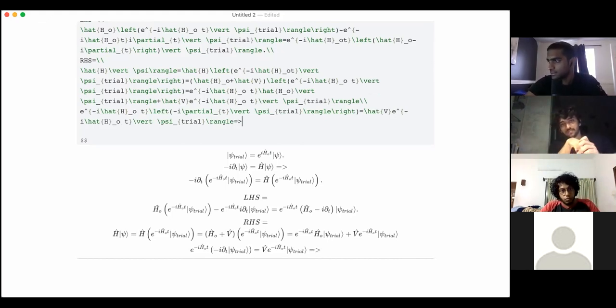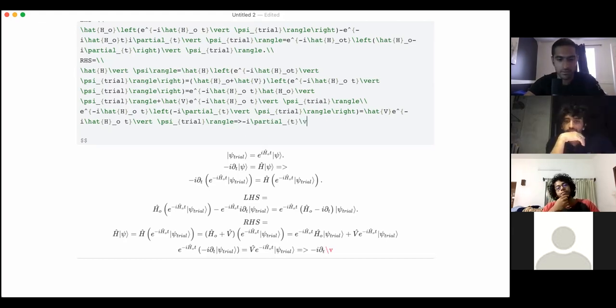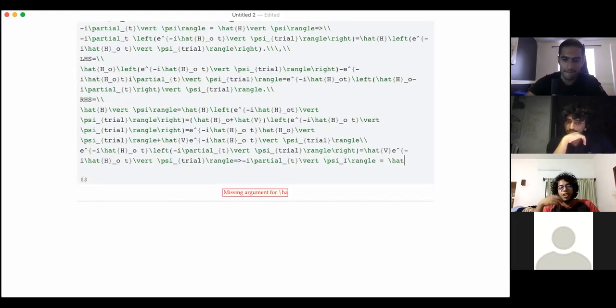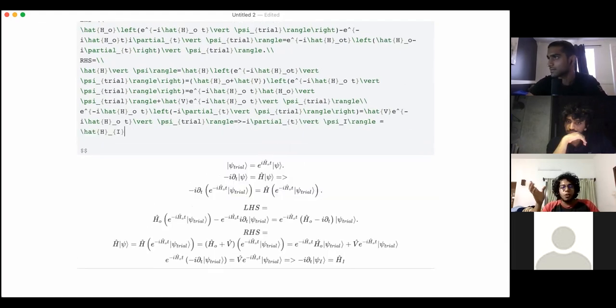Which implies that this I partial T of, I'll call it interaction now, is actually just saying that the operator I minus I dou by dou t is nothing but the potential.